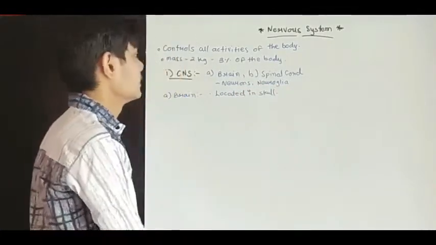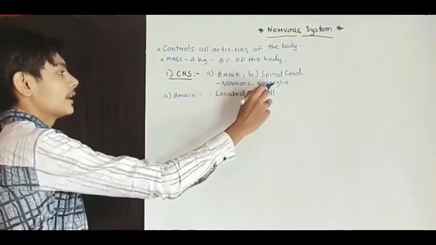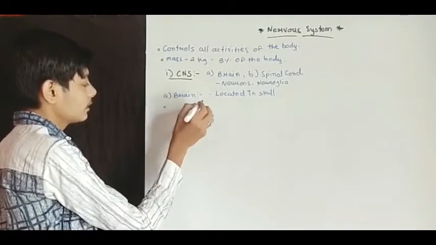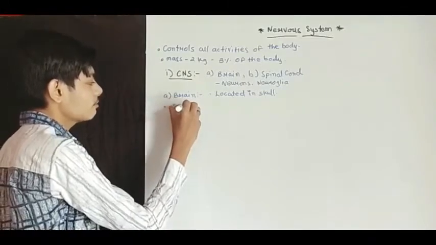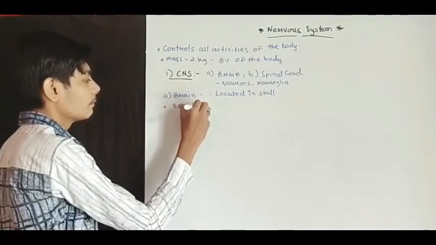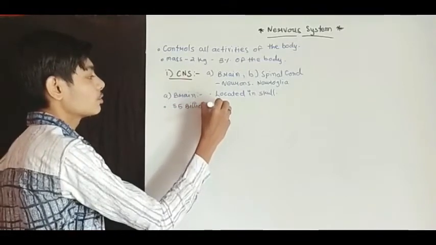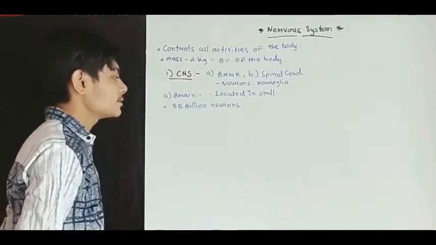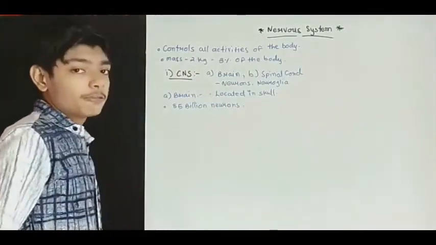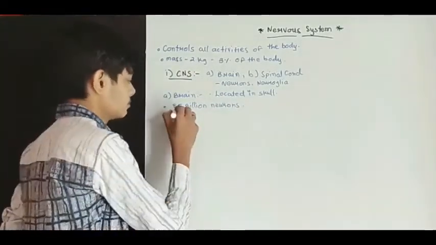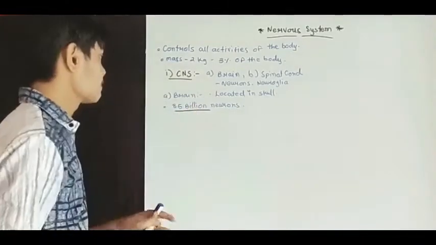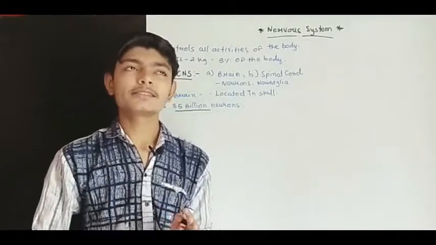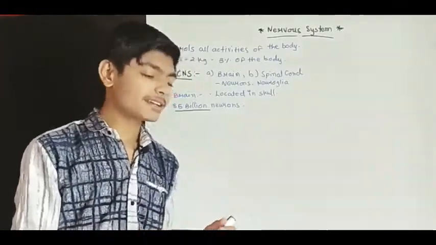Then next, as we have seen, આ પાર્ટ્સ neurons and neuroglia થી બનેલા છે. તો બ્રેઇન લગભગ 85 બિલિયન ન્યુરોન્સ થી બનેલું છે. So the brain is made up of 85 billion neurons, which is a very huge number. અને બ્રેઇનને આપણે સેવરલ પાર્ટ્સમાં ડિવાઈડ કરી શકીએ.